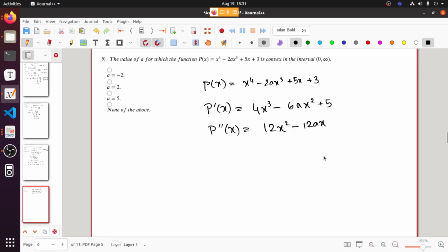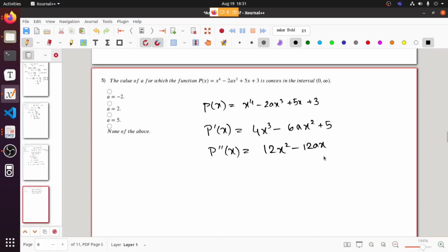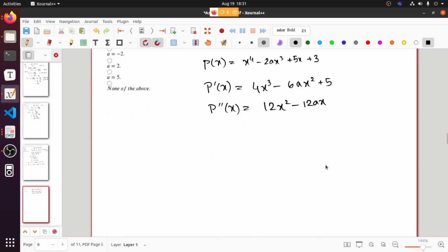You have to make this positive for x belonging to 0 to infinity. So p double dash x should be greater than 0 for p to be convex on the open interval 0 to infinity, right?